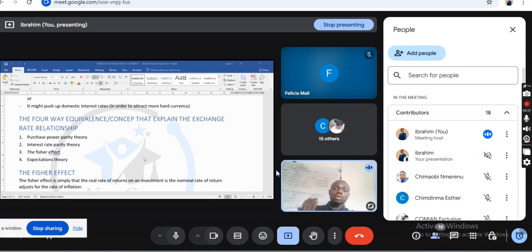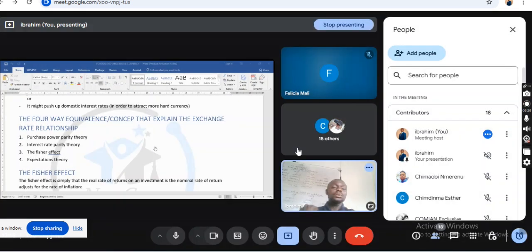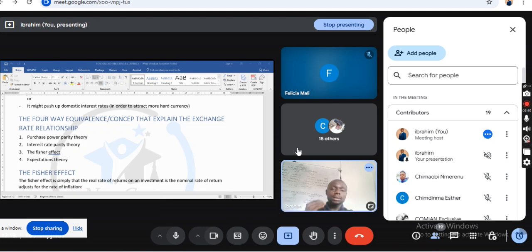Because you have Nigerian naira today, for instance, 1,650 to $1. You could say Nigerian currency is depreciating, right? Then you could say the other currency is appreciating because the spot rate of Nigerian currency is higher than the foreign currency, right? So students should be able to know that.